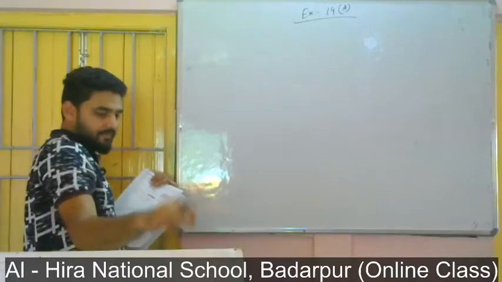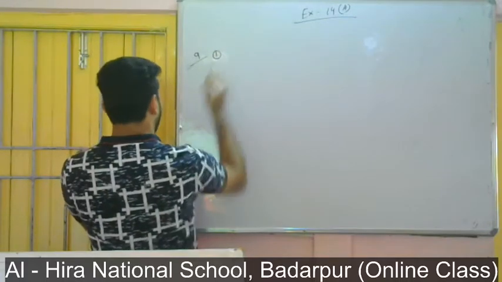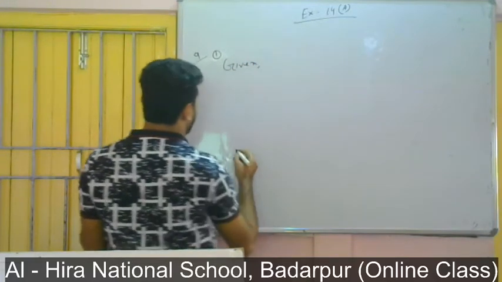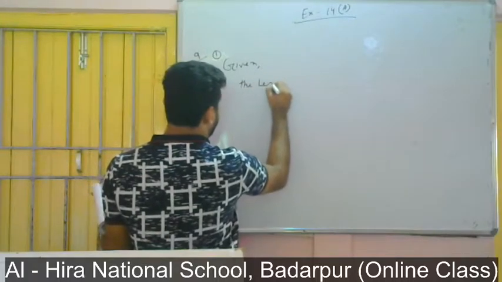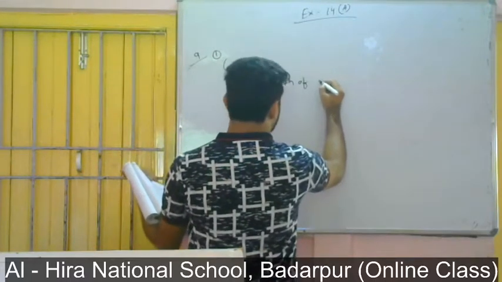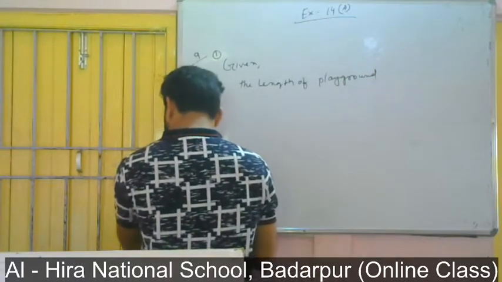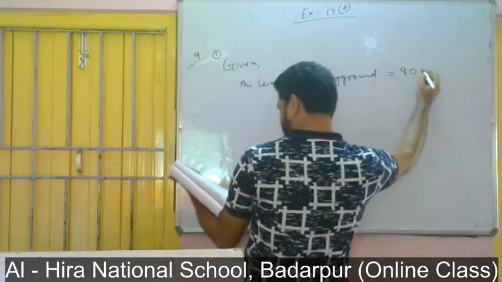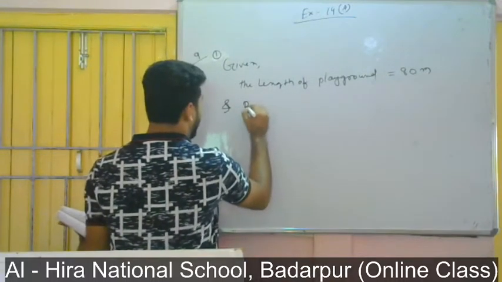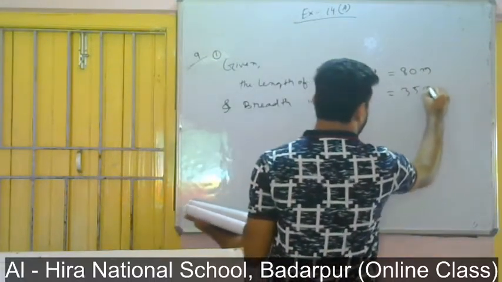See question number 9, part 1. Given the length of the playground equals 80 meter, and breadth of playground equals 35 meter.